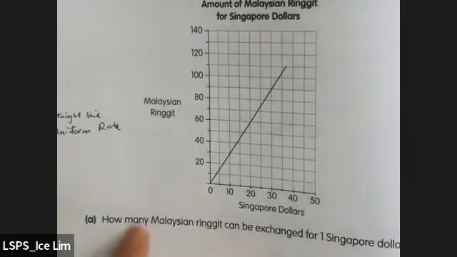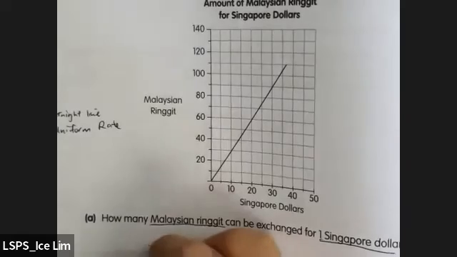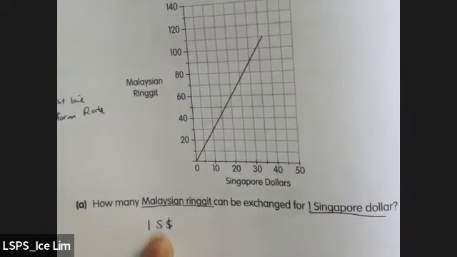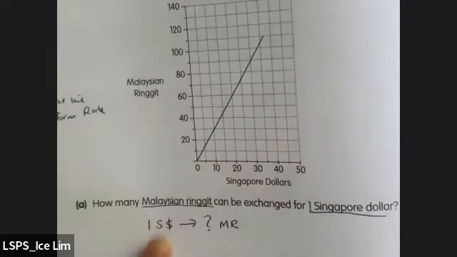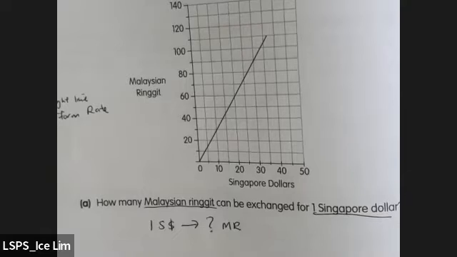Now, the question will be, I want to know if I have 1 Singapore dollar, how much Malaysian ringgit can I get? How do you get 3?